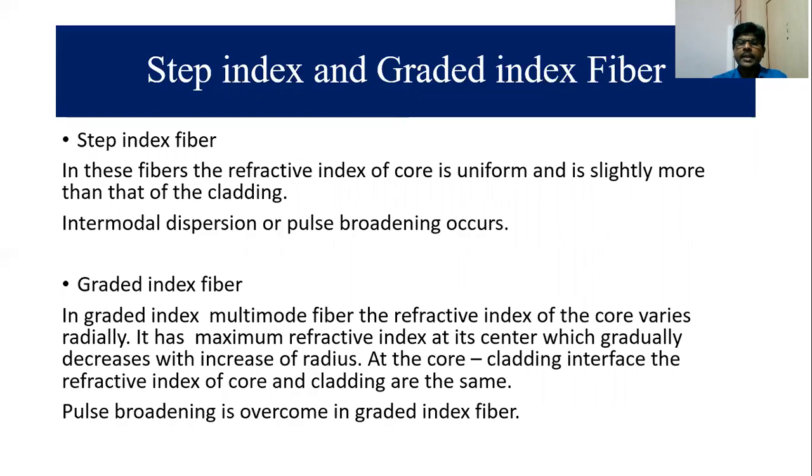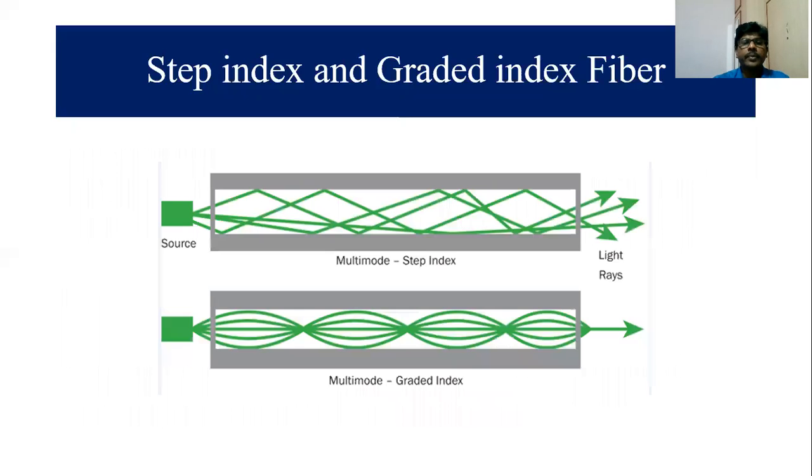At the core cladding interface, the refractive index of the core and cladding are the same. Pulse broadening is overcome in graded index fiber. So this is the picture of a multimode step index fiber and a multimode graded index fiber. In step index fiber, you would say pulse broadening will occur, whereas in multimode graded index fiber, pulse broadening is not present.